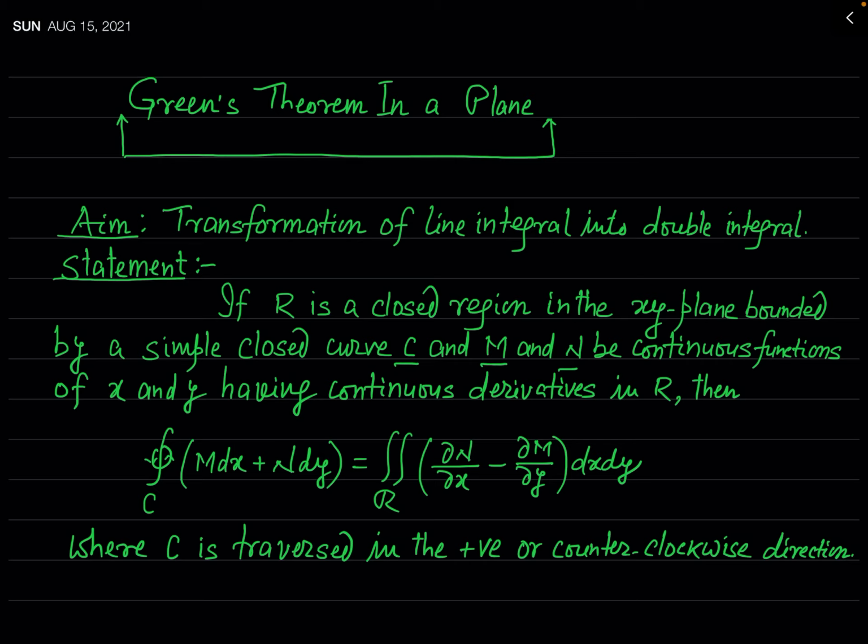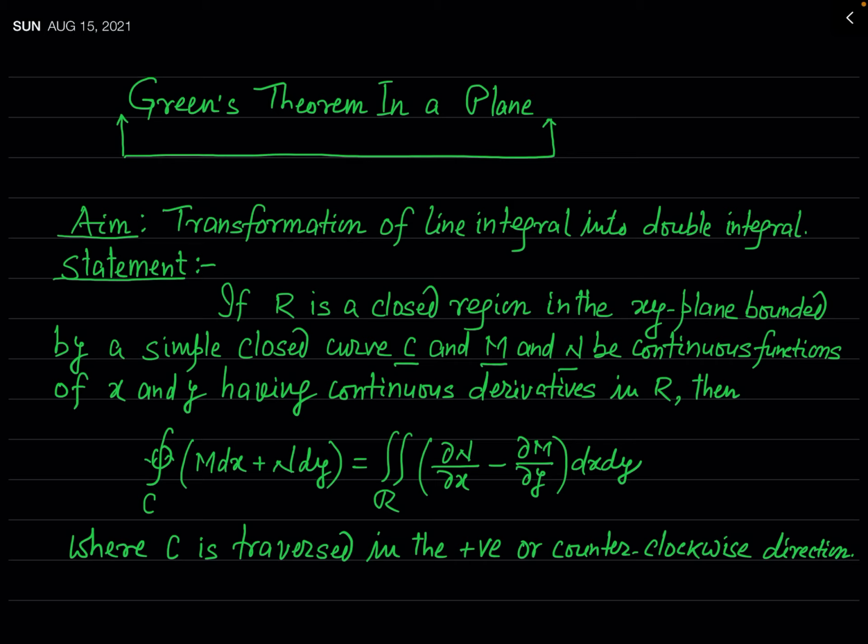So if all these conditions are satisfied, then the line integral along the closed curve C, which encloses the region R, of M dx plus N dy is equal to the double integral over the region R of del N by del x minus del M by del y dx dy.